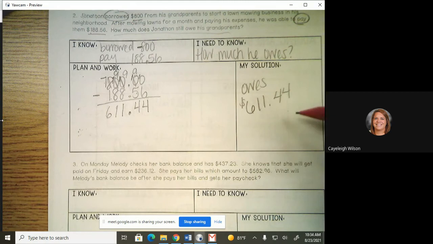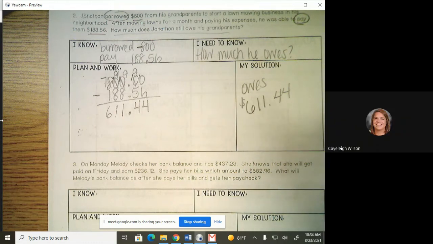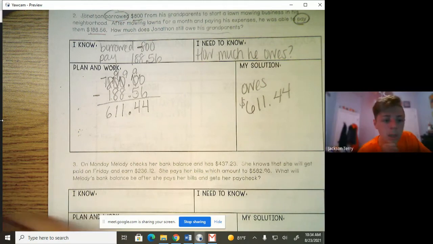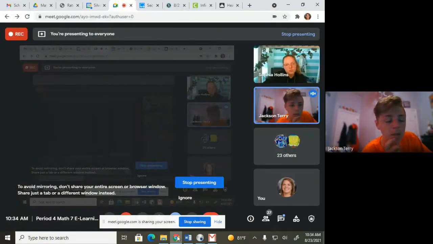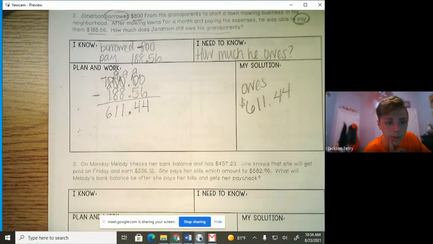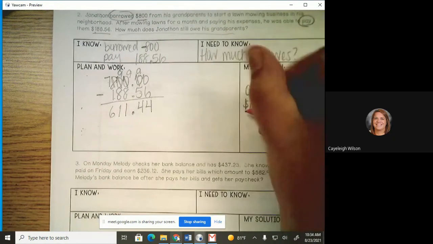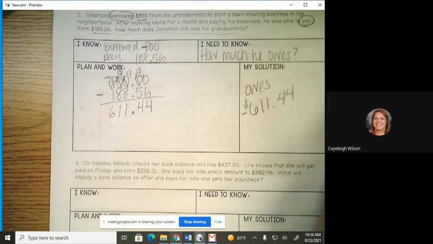Is everybody okay with that one, or are there any questions on that one? We're good? Yes? Since he borrowed the $800 and is paying them back, wouldn't it be a negative since he still owes? Yes, you can put a negative number there.